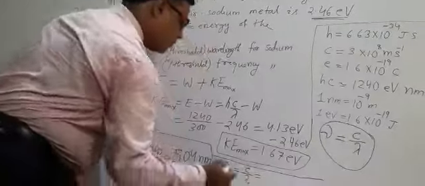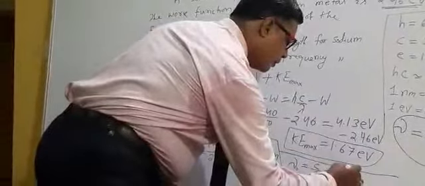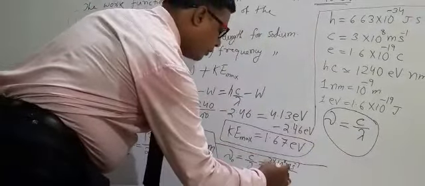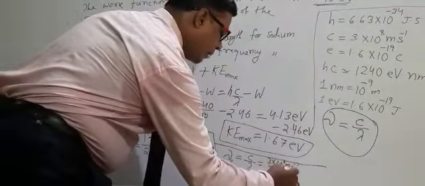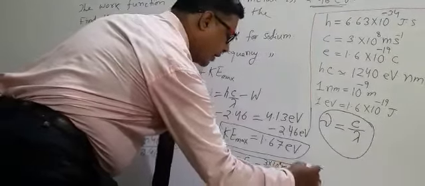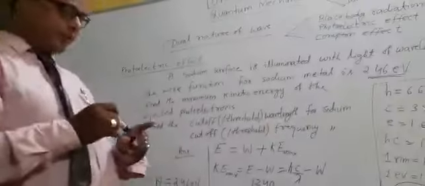The c value you know, 3 times 10⁸ meter per second, divided by lambda, which is 504 nanometer, meaning 504 times 10⁻⁹ meter. So you find the answer, that is in terms of hertz.